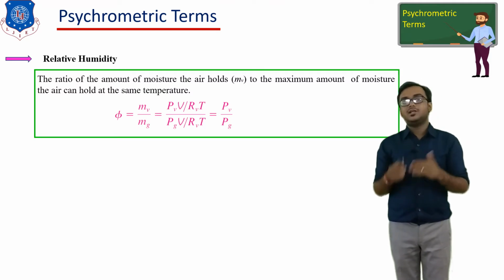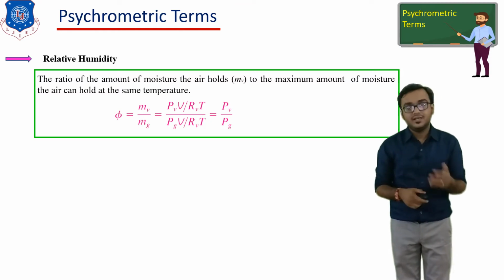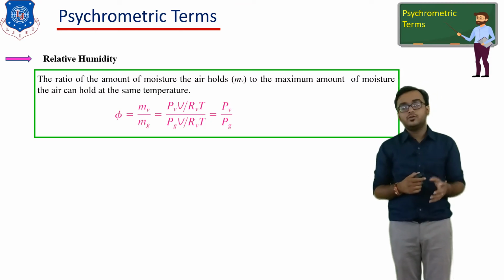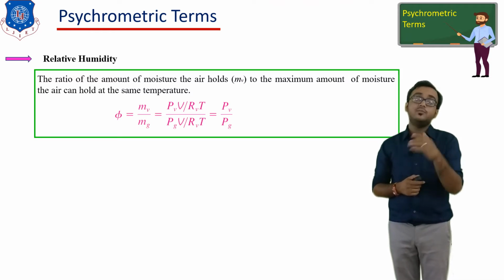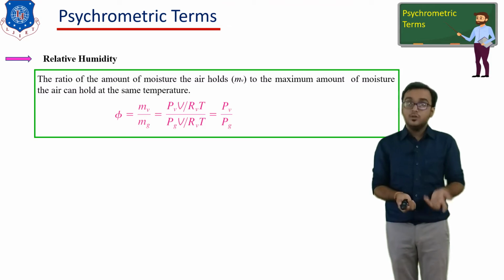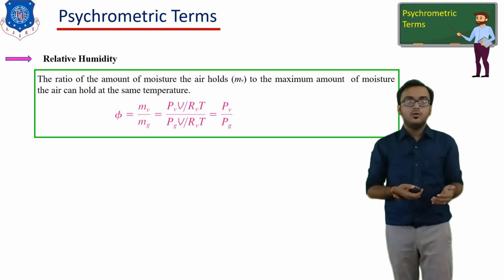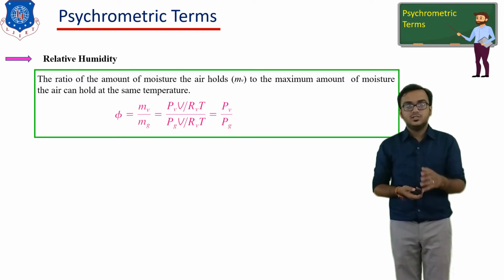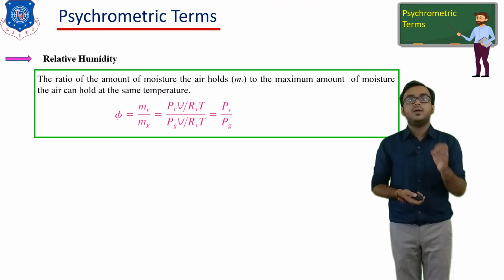T gets cancelled out because of the same temperature. Again, volume gets cancelled out because, as I told you in the beginning, it is the actual amount of moisture in a given volume of air to the maximum amount of moisture in the same volume of air. So the volume remains the same and also cancels out.